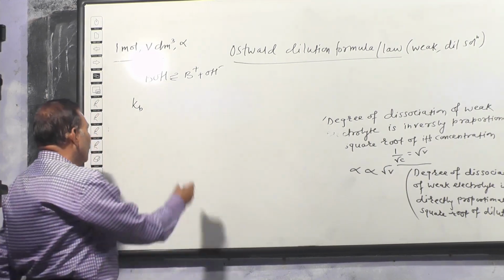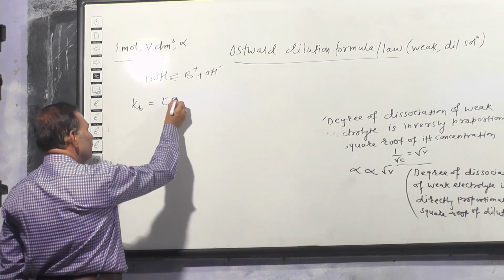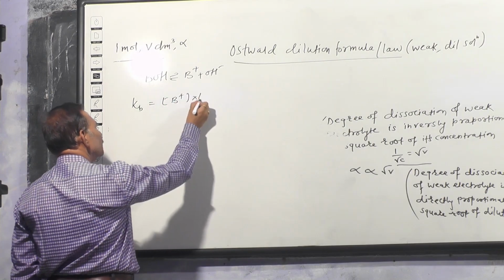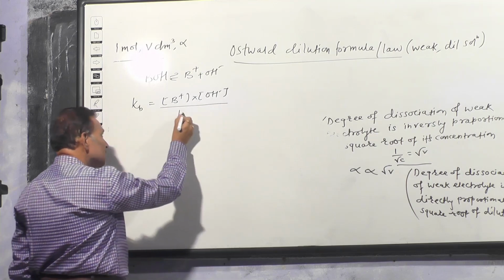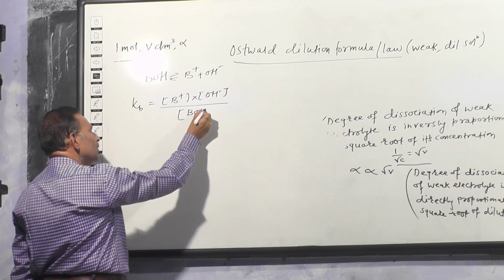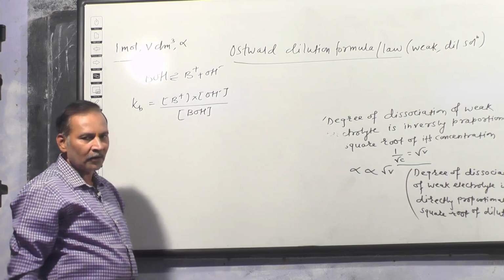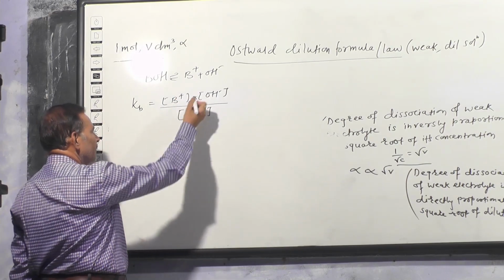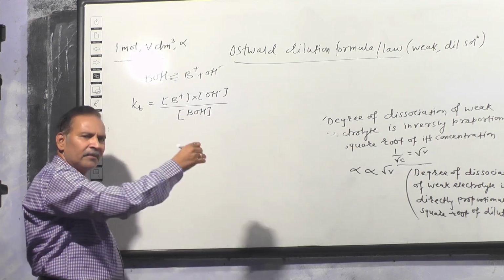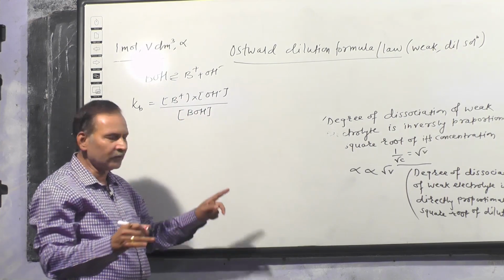Okay, the equation will be B plus concentration into OH minus concentration divided by the concentration of reactant, that is BOH. Again the values will be the same, alpha by V and 1 minus alpha by V, with 1 minus alpha equal to 1, neglecting 1 minus alpha.